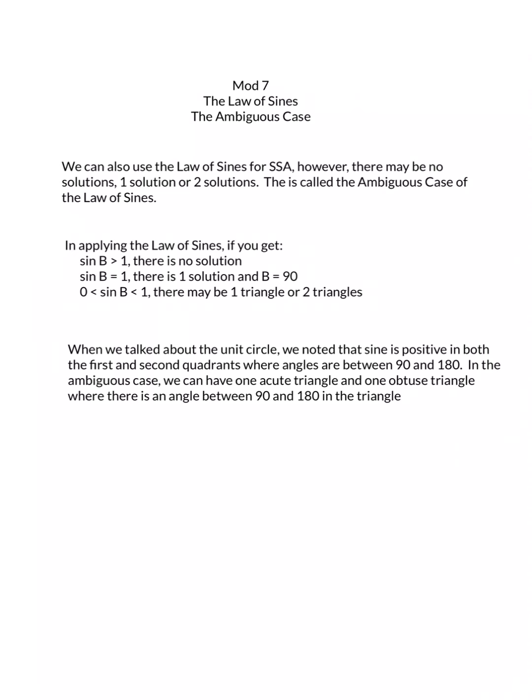In the second quadrant, the angles are between 90 and 180 degrees. We can have angles like that in a triangle. So, in the ambiguous case, if you have two triangles, we can have one acute triangle and one obtuse triangle where there is an angle between 90 and 180 degrees in the triangle.